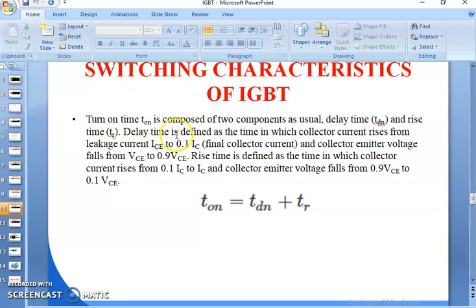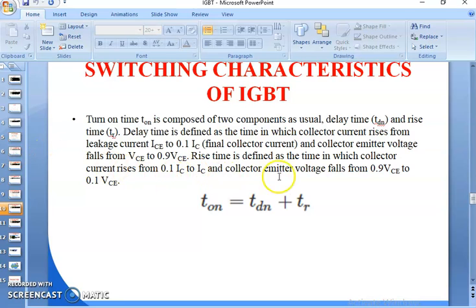Then the turn on time is composed of two components as usual, delay time TDN and rise time TR. The delay time is defined as the time in which the collector current rises from leakage current ICE to 0.1 IC, the final collector current, and the collector emitter voltage falls from VCE to 0.9 VCE.